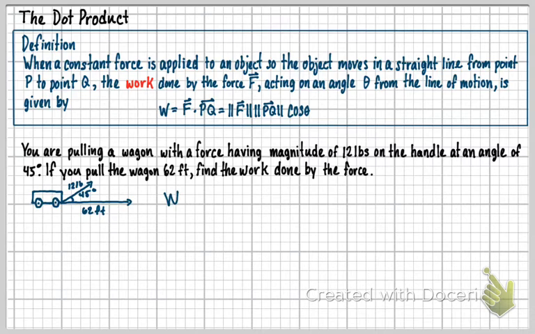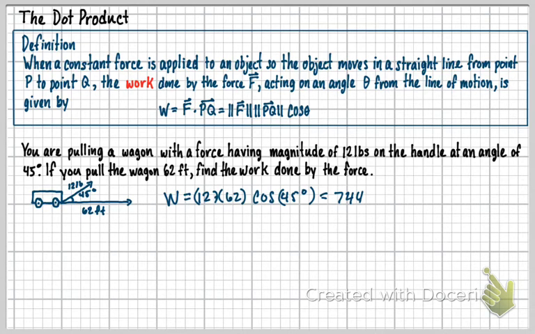So work equals the magnitude of F, which is 12 pounds, times, and I'll just use parentheses, the magnitude of PQ, which is 62, and we have the cosine of 45 degrees. So this here is going to be my work. So this equals 744, and that's 12 times 62.